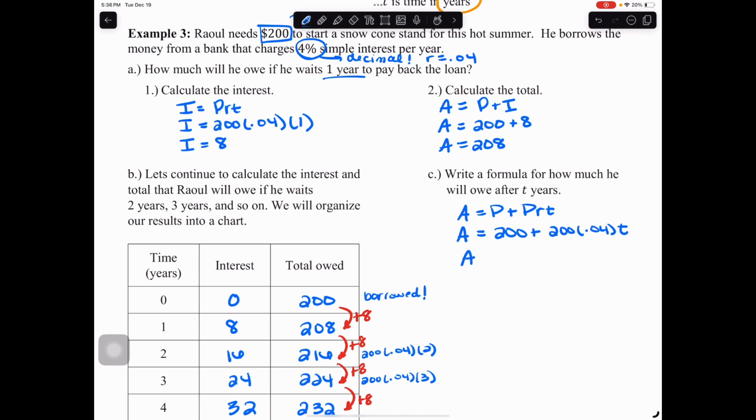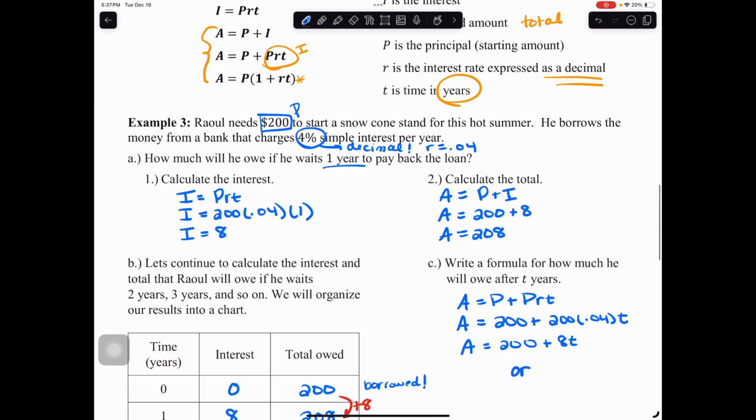So this formula would be A equals 200 plus 8T, which should look very familiar to y equals mx plus b. It's just that they have the number first and the variable second. The other option for how you could write it would be using the fourth one down, the one with the star.